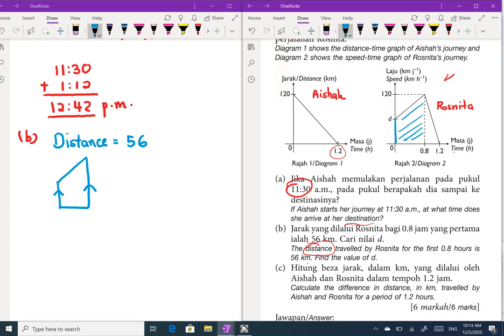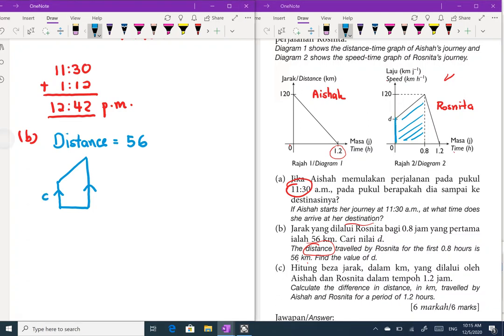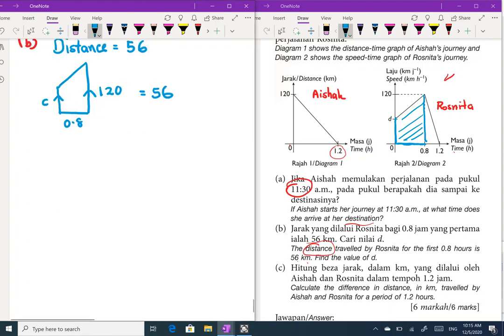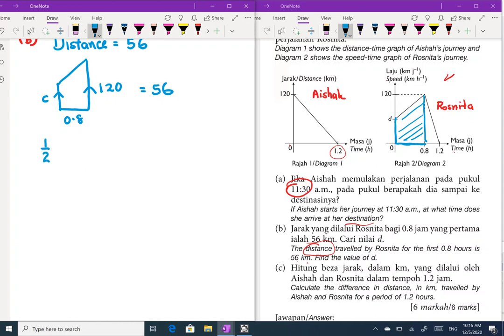So this side is D, and here is 120. The difference here is 0.8, and the area equals 56. So we use the formula of a trapezium: 1/2 times the sum of D plus 120, times 0.8, equal to 56.